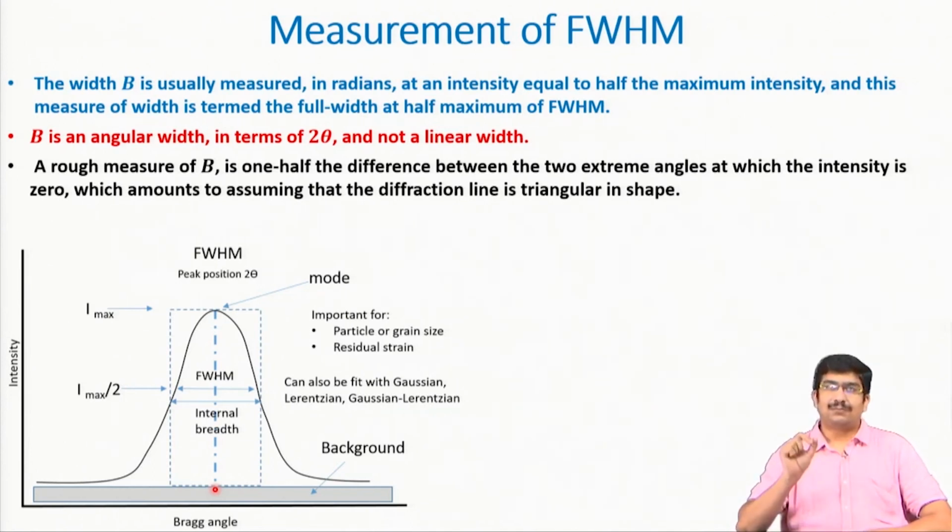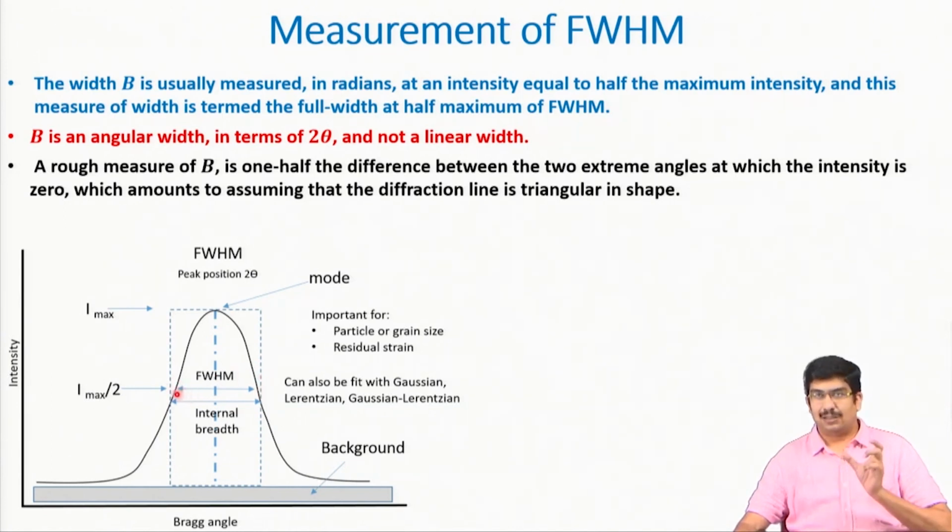The FWHM is measured at half the maximum intensity: where the intensity drops to half the maximum value, we measure the width of the peak. That is why it is called full width at half maximum, from this angle to this angle where the intensity drops exactly to half.